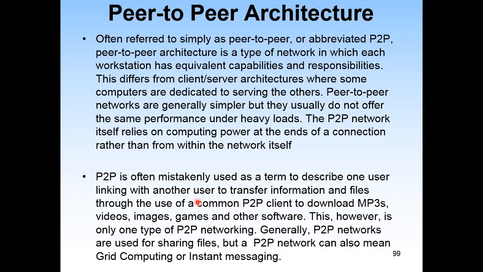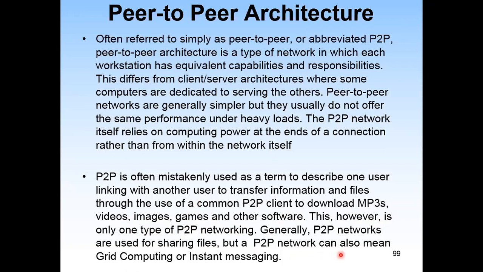The person who is sharing can be used by the other, and if the second is sharing some resources, the first can avail those resources. So P2P clients download MP3s, videos, images, games, and other software. This, however, is only one type of P2P networking. Generally, P2P networks are used for sharing files, but a P2P network can also mean grid computing or instant messaging.